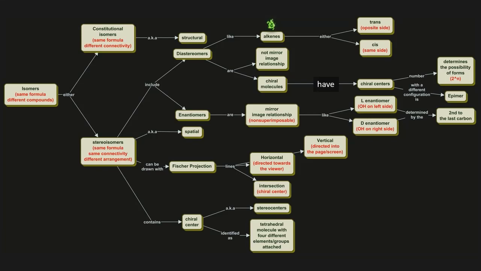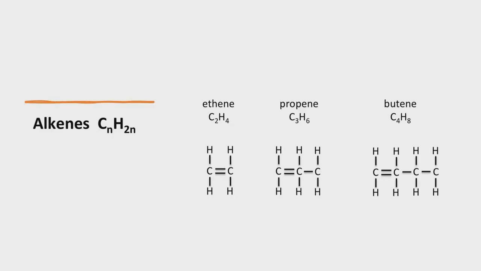An example of a diastereomer is an alkene. Usually, an alkene has a double bond. Alkenes are actually hydrocarbons. When we speak of hydrocarbons, these are hydrogen and carbon molecules, and at least they have one double bond.